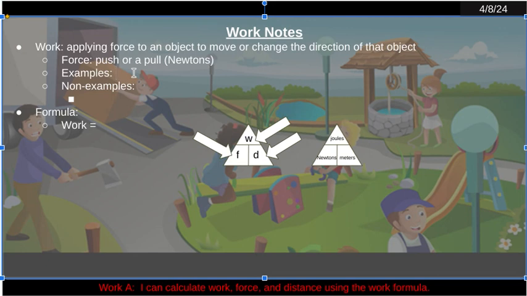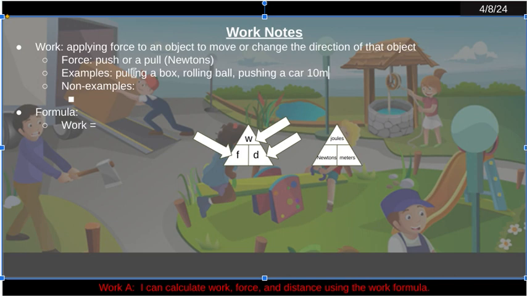Some examples of work, not examples of force, but examples of work, are pulling a box, rolling a ball, or pushing a car 10 meters. If you'll notice, in all three of those there's clarification that the object is moving.